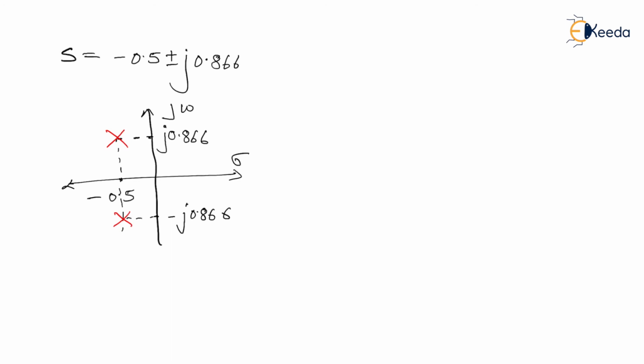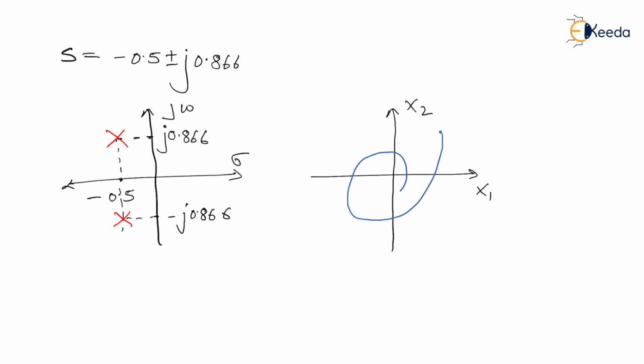Now if I go for the drawing of the trajectory, let us say this is x1 and x2. The trajectory from somewhere is going to merge towards the origin. So as you can see, the trajectory is a spiral merging towards the origin. So what conclusion can we draw from the given problem?